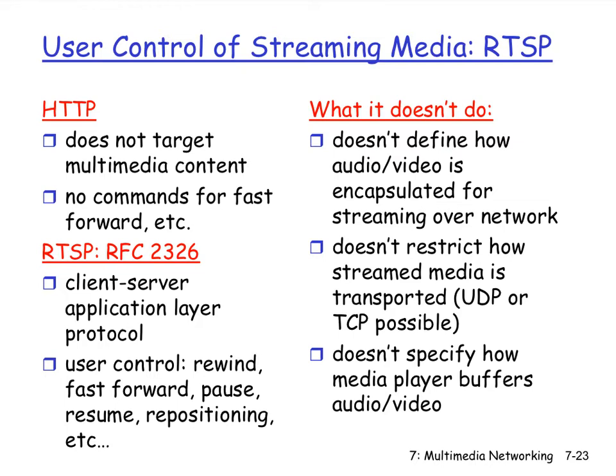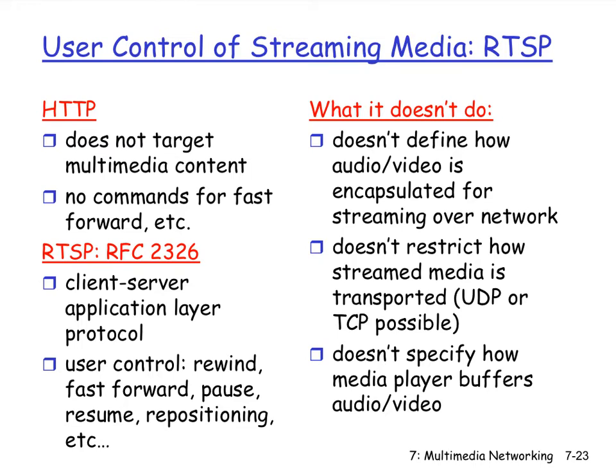So either the developer has to create that protocol over HTTP as part of the application layer, or we can use what we call real-time streaming protocol, RTSP, which is defined in this RFC, and I'm really terrible at memorizing the numbers of RFCs because I never thought it's important in any way.